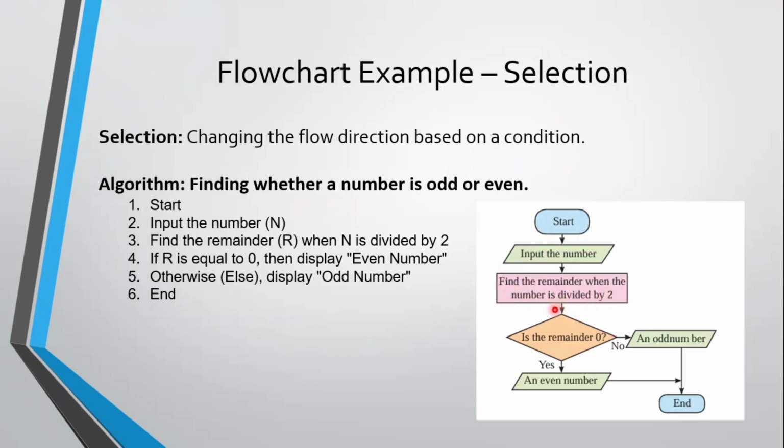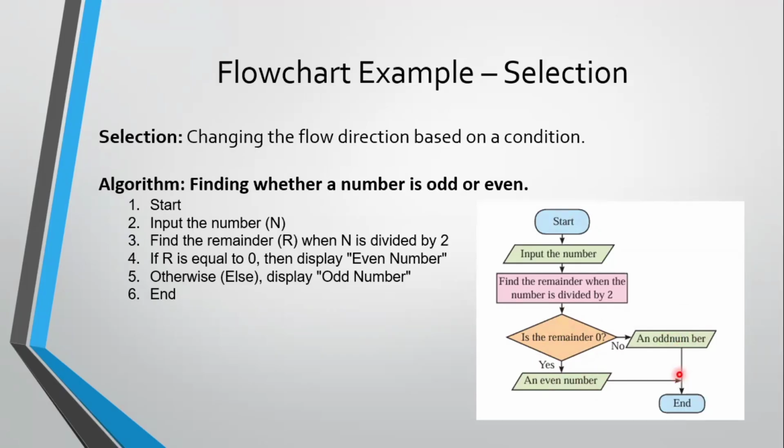So, the computer asks using this decision box, is the remainder 0? If yes, what happens? It prints even. If no, the flow goes another way to print odd.